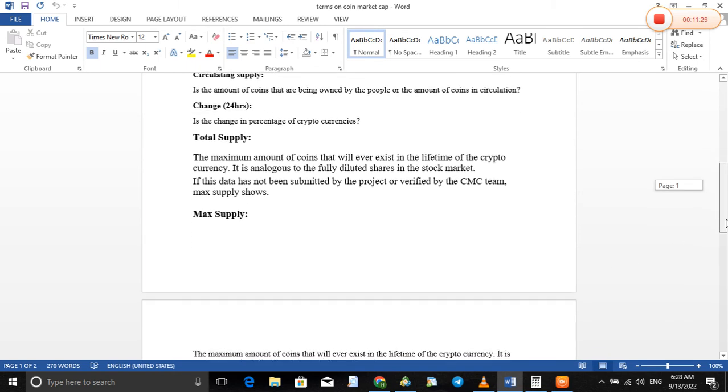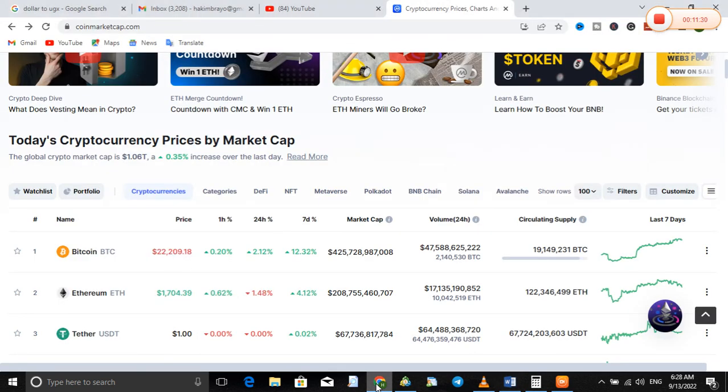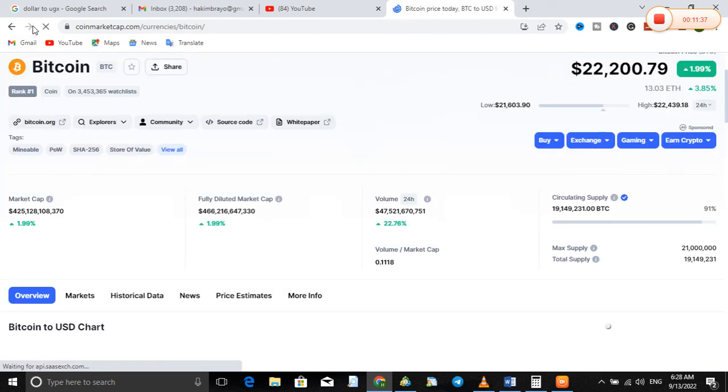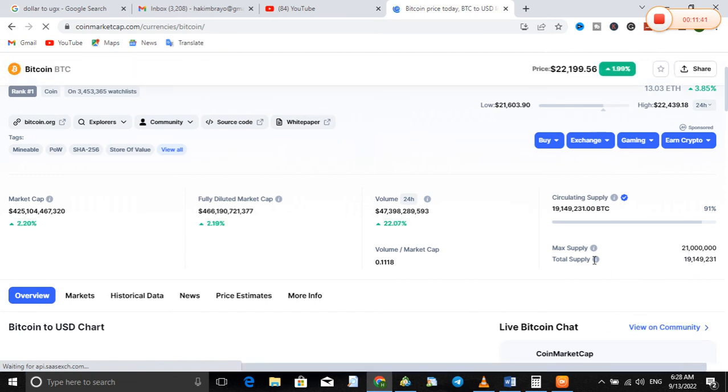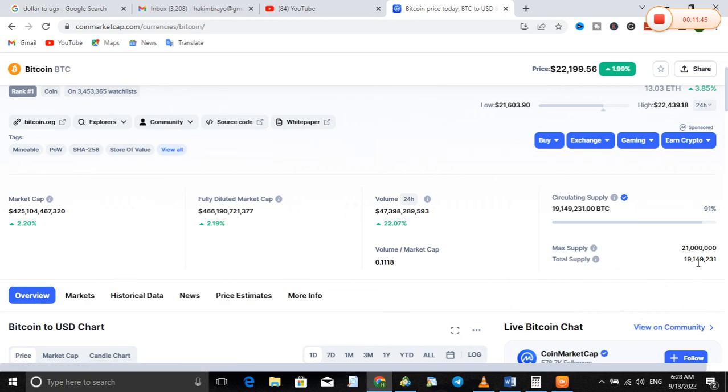Now when you go to the total supply, let me go back here. When you go back to the total supply of Bitcoin, you can see it is 19 million coins. Now this is our total supply of Bitcoin, 19 million coins.